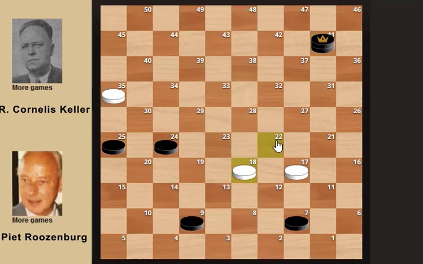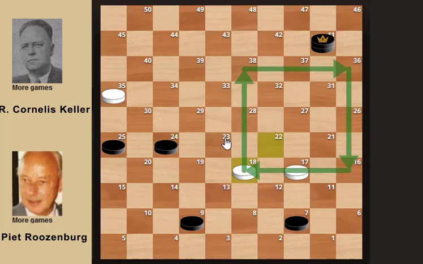And then Keller played 22-18. So if you draw the square, we know the positions surrounding 18 are 33, 13, 12, and then 22.